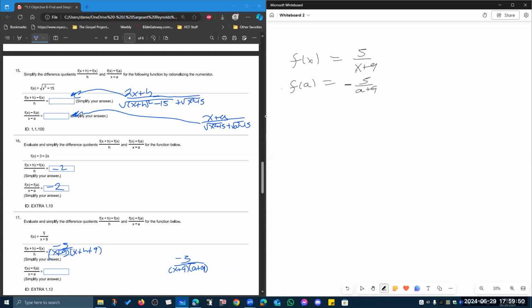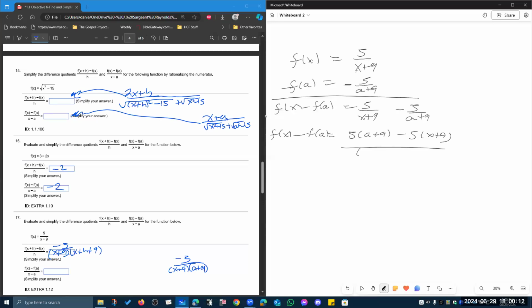Change my signs and add. F of x minus f of a is 5 over x plus 9 minus 5 over a plus 9. F of x minus f of a is 5 times a plus 9 minus 5 times x plus 9 over x plus 9 times a plus 9.